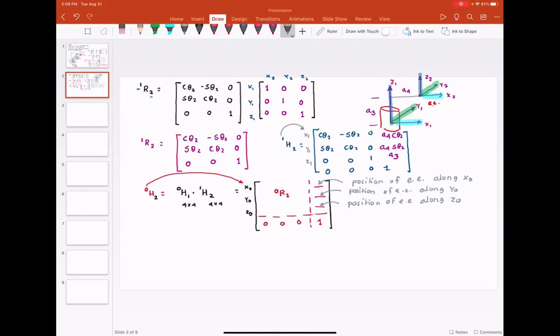Then I would take the double differentiation and find the acceleration of the end effector. Do you agree with me? And last but not least, I would use Newton's law, force is equal to mass times acceleration. And that is the dynamic analysis of the end effector. And that is all there is to it in robotics 1.